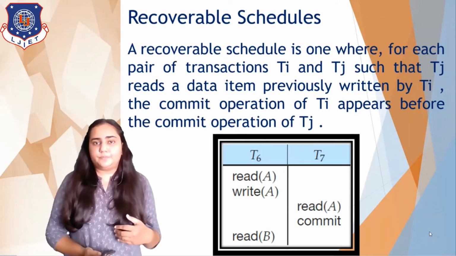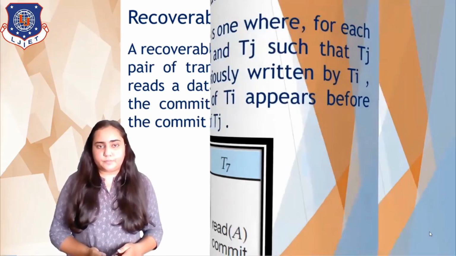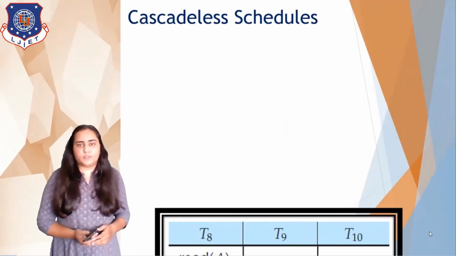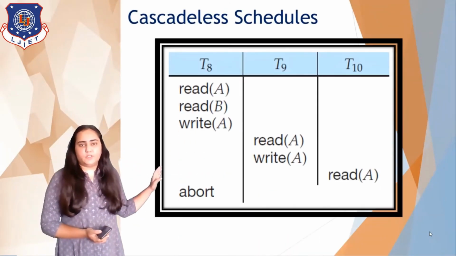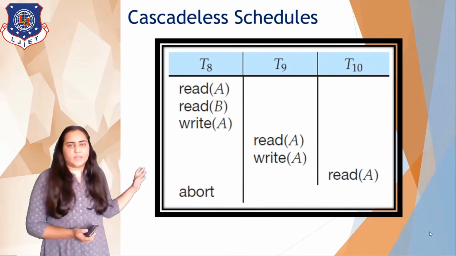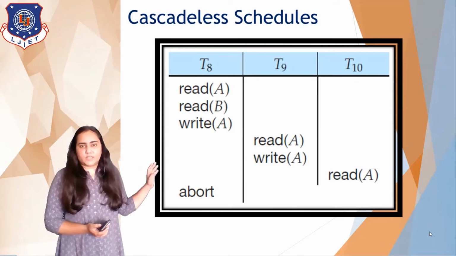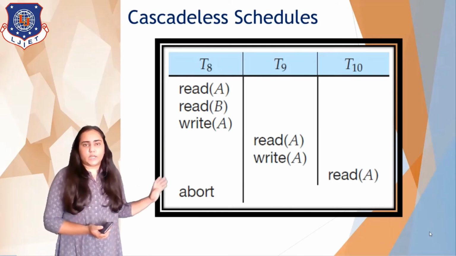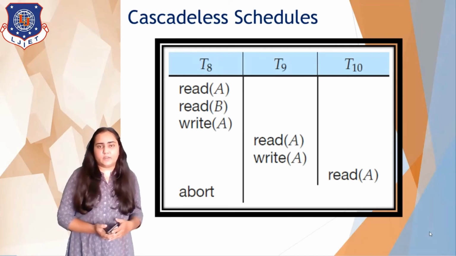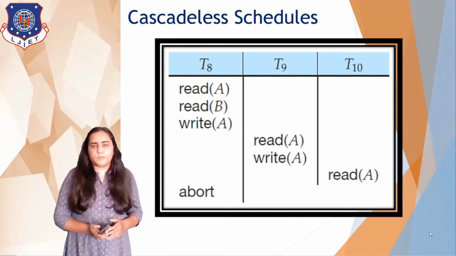Now let's see the second type of schedule, which is the cascadeless schedule. For that, first you need to understand what cascading is. So let's see this example. Here I have 3 transactions, T8, T9, and T10. In these transactions, once again, only read and write operations are given.